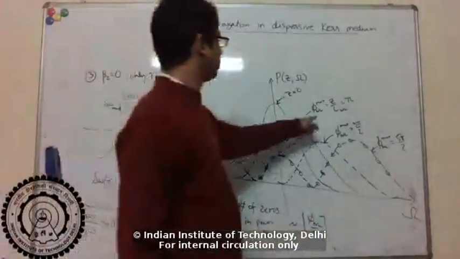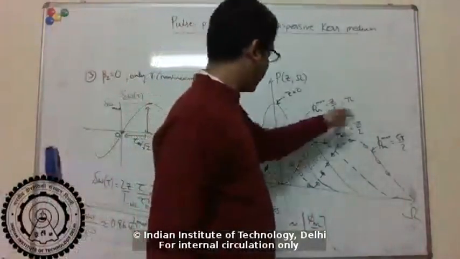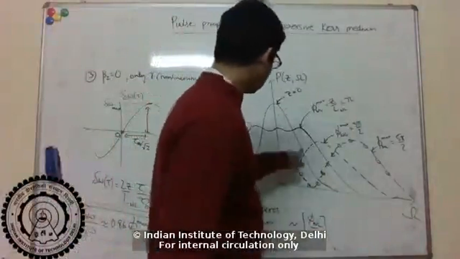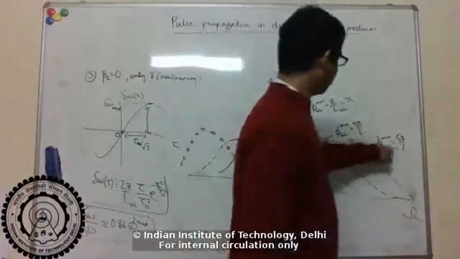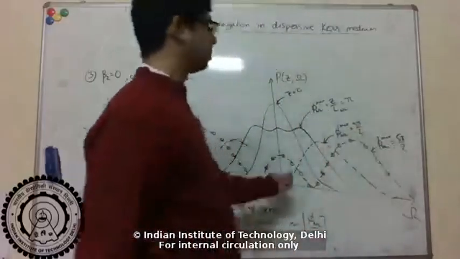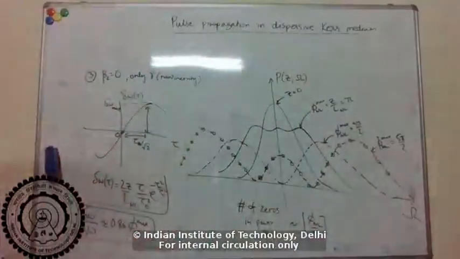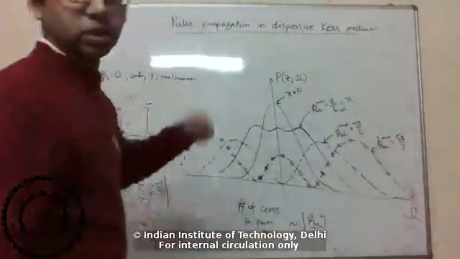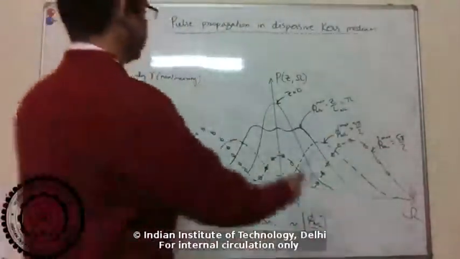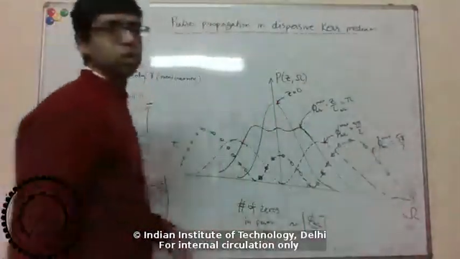As soon as the nonlinear phase exceeds pi, you start getting 1 zero in the spectrum. When it exceeds 2 pi, you start getting 2 zeros. But the exact shape is very complicated and requires numerical solution. In general, the spectrum keeps broadening further and further as you propagate.